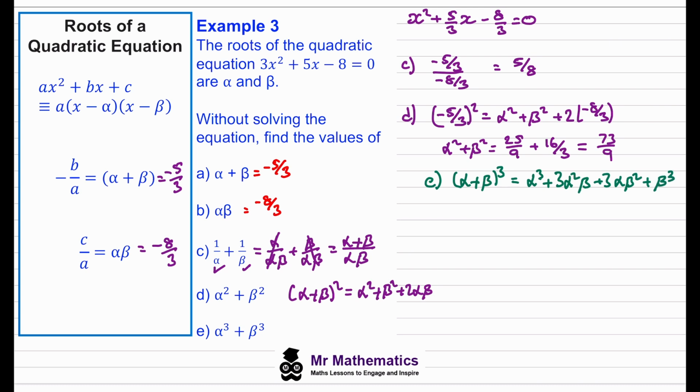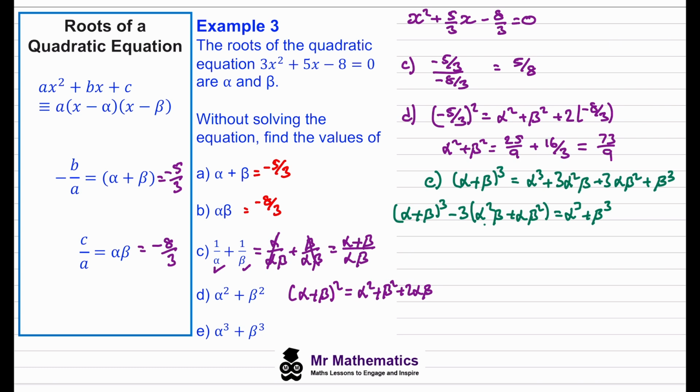We can tidy this up. So we've got alpha plus beta cubed. We'll factor out this positive 3 and move it to the left-hand side. And then we've got alpha squared beta plus alpha beta squared. And this will equal alpha cubed plus beta cubed.